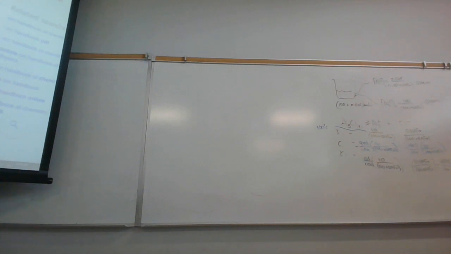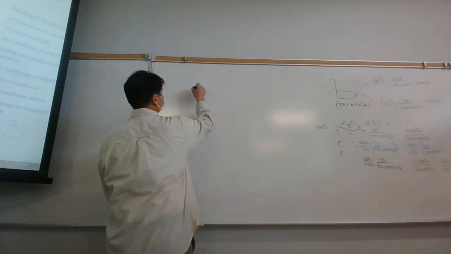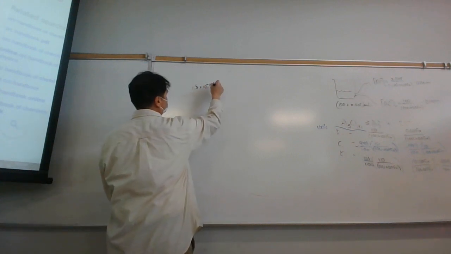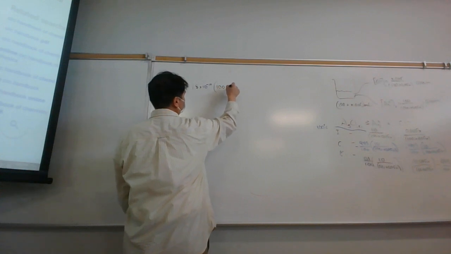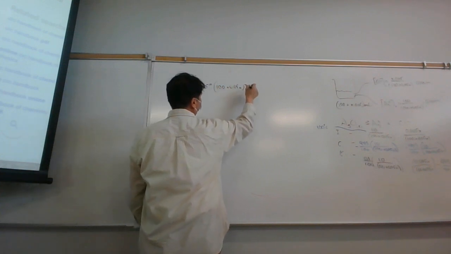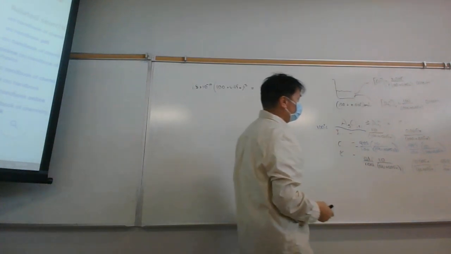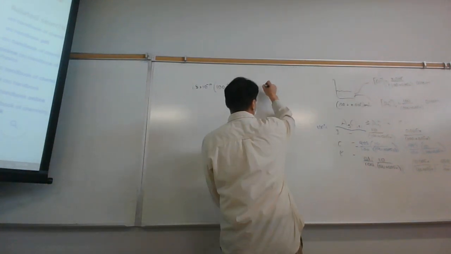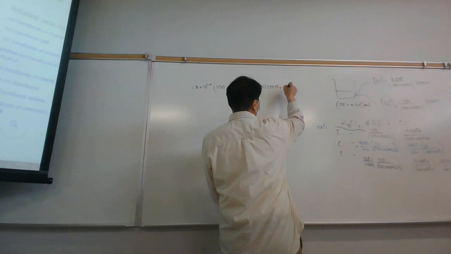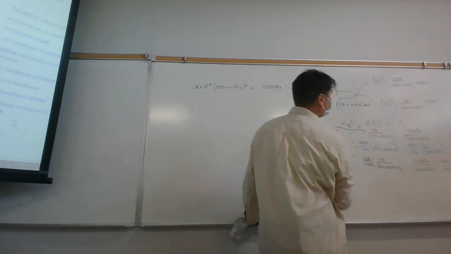Okay, and then just these two, which are the same, 100 plus 0.05x quantity squared. We'll get 1.8 times 10 to the minus 10 times 100 plus 0.05x squared is equal to 0.0005x minus 0.0999.